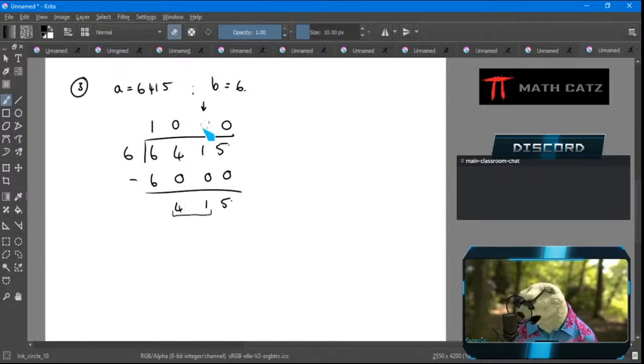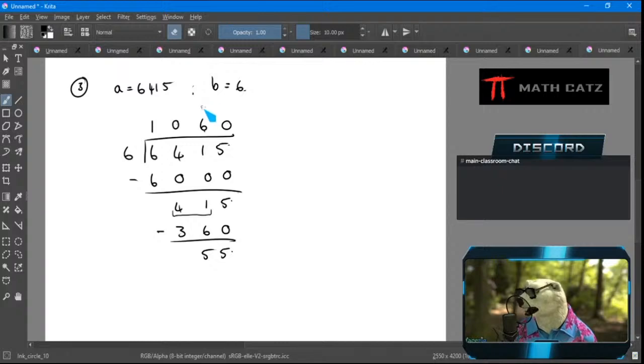To fit some sixes in, divide 6 into 41, I can get 6 of them. 6 times 6 is 36. It's not really 36, right? It's 6 groups of 10 times 6 is 36 groups of 10, and therefore 360. That I take away, I have 55 left.